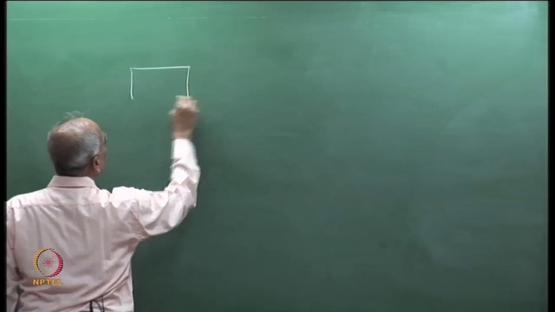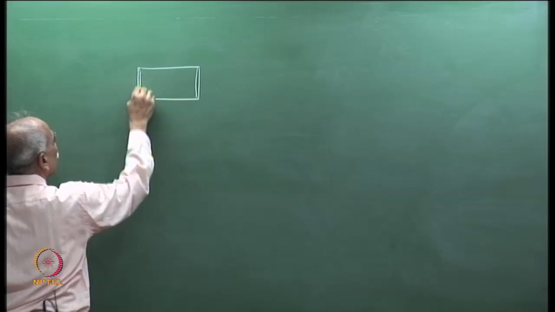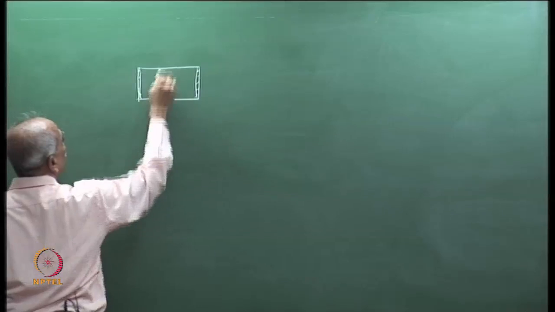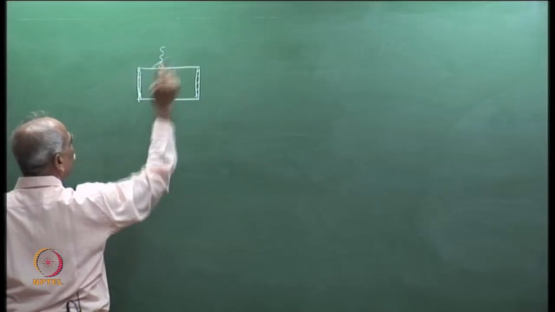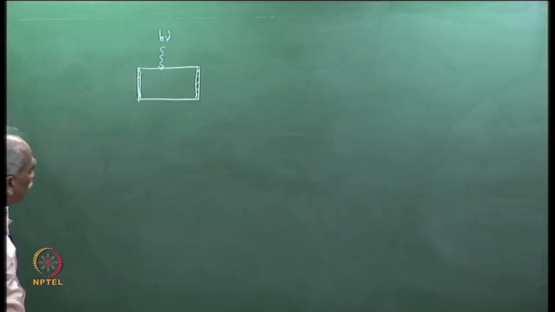So, here is the detector material, with 2 electrodes deposited. This is the semiconductor material on which, let us say, one photon is incident. Let us first start with the discussion of one photon incident.